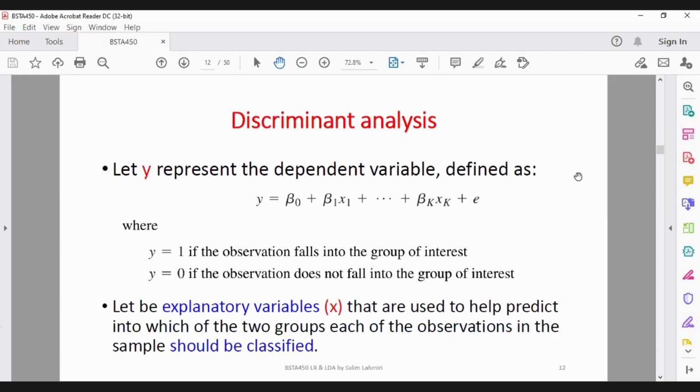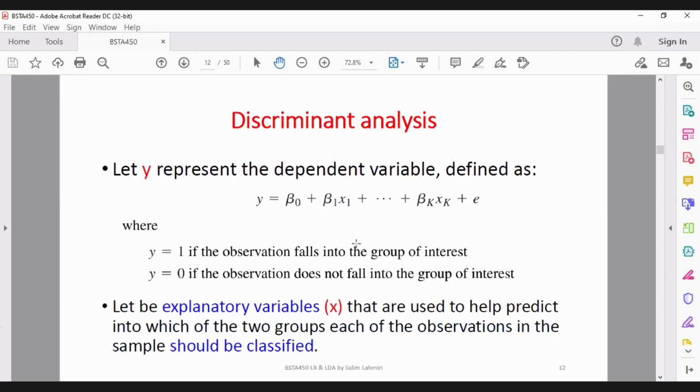So let's look at discriminant analysis. Now let y be the dependent variable, where y is equal to beta 0 plus beta 1 x1 plus beta 2 x2 plus beta k xk. And y is equal to 1 if the observation falls into the group of interest, for example, a group of non-bank corrupt companies, and y is equal to 0 if the observation does not fall into the group of interest.